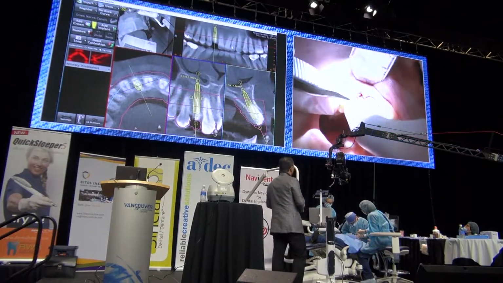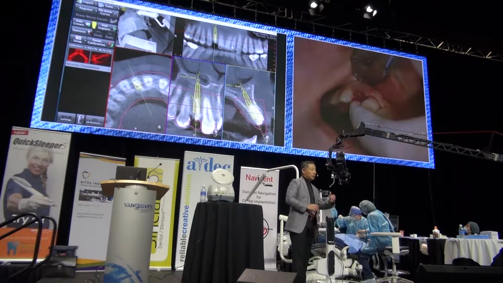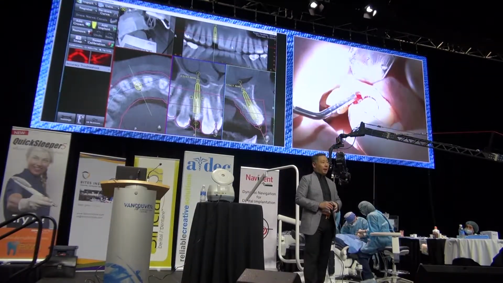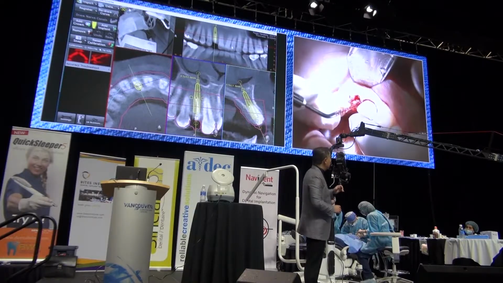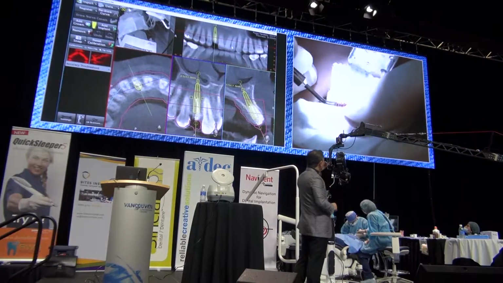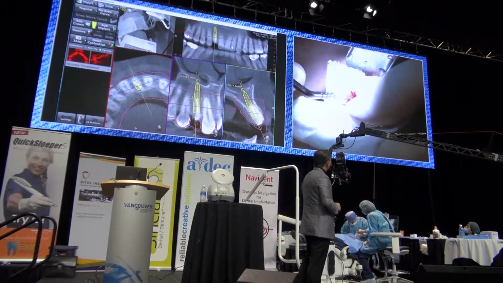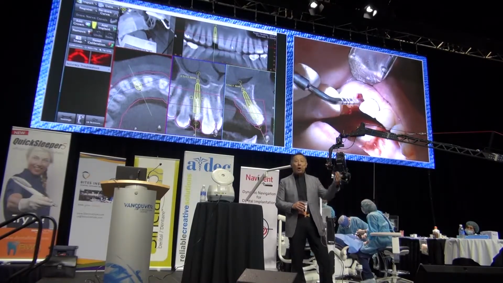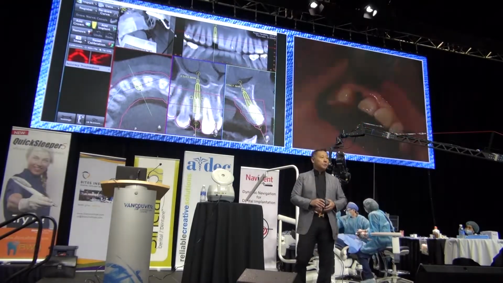There's a gap between the buccal aspect of the implant and the buccal plate. We have enough studies to show that the gap in the anterior premaxillary area should be a minimum of 3 millimeters. We used to think 1.5 is good, 2 maybe optimal.